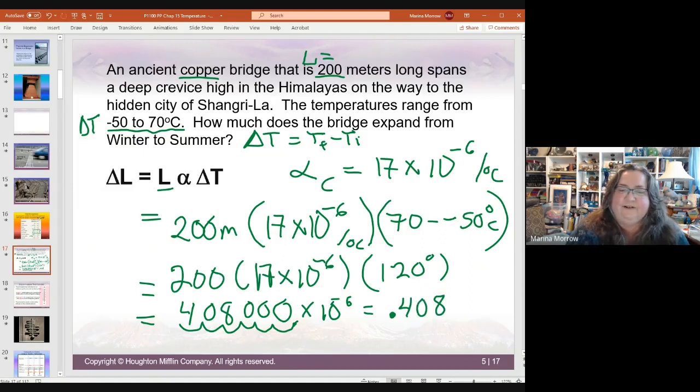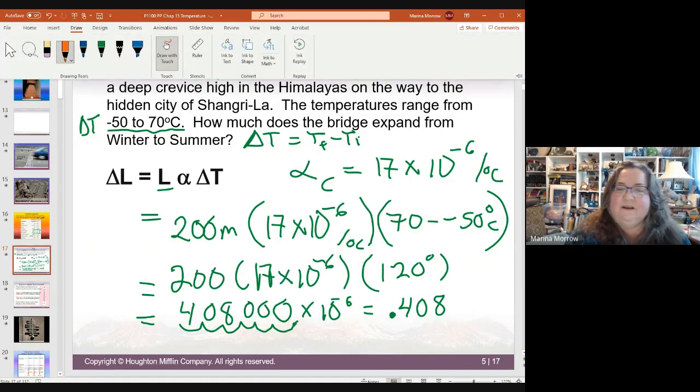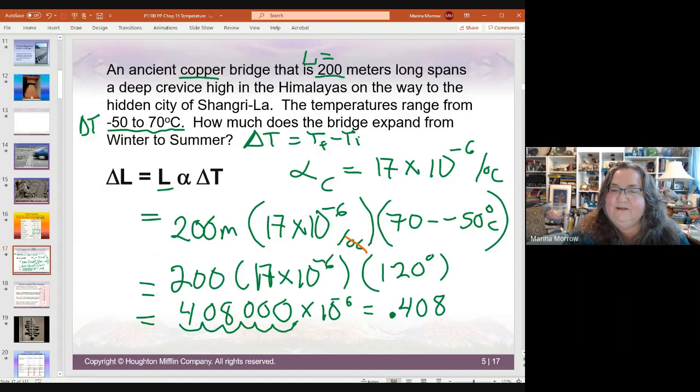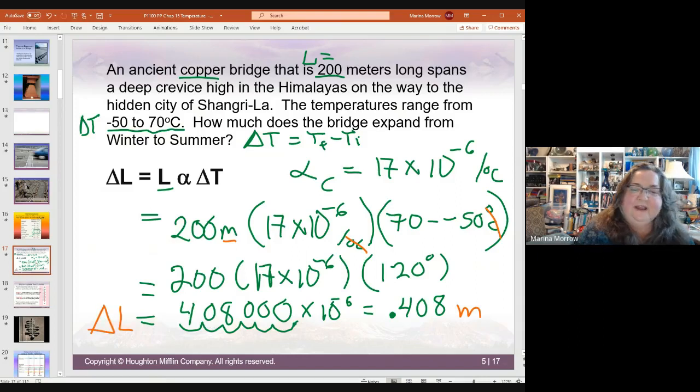And what units are left? Well, the degrees Celsius cancels the degrees Celsius, and all I'm left with is meters. That's what we want. This is the change in the length. So 0.408 meters.